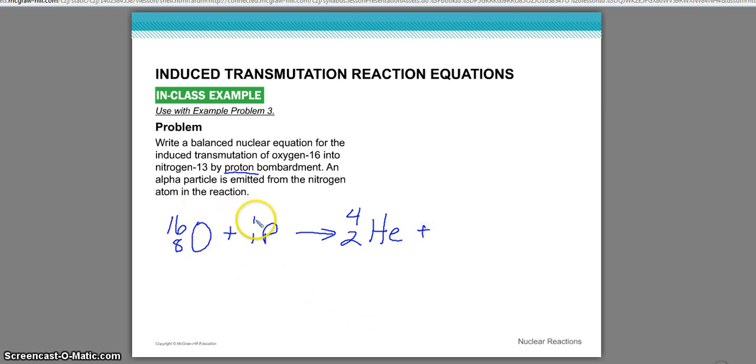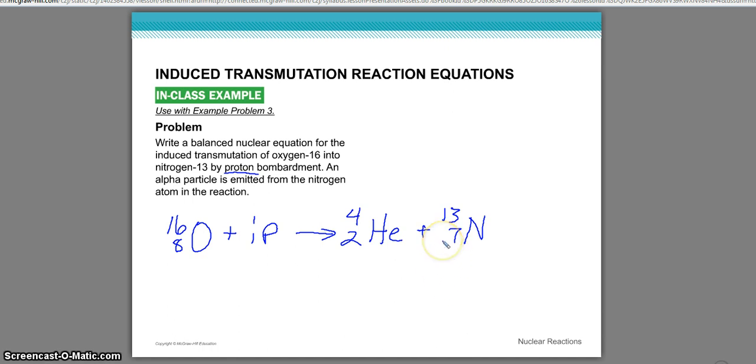So 16 plus 1 is 17, 4 plus 13 is 17, and it tells us it's nitrogen 13. 8 plus 1 is 9, 2 plus 7 is 9, and we know element 7 is nitrogen. So it all works out when we balance our nuclear equation.